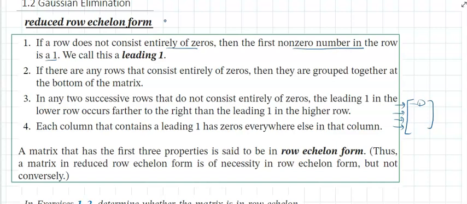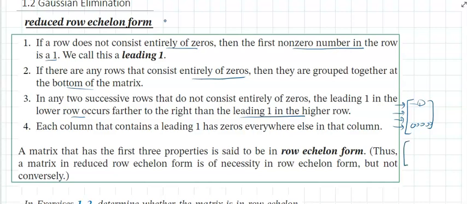2. If there are any rows consisting of all zeros, you want them to be at the bottom of the matrix. 3. In any 2 consecutive rows that do not consist entirely of zeros, the leading 1 in the lower row occurs farther to the right than the leading 1 in the higher row.